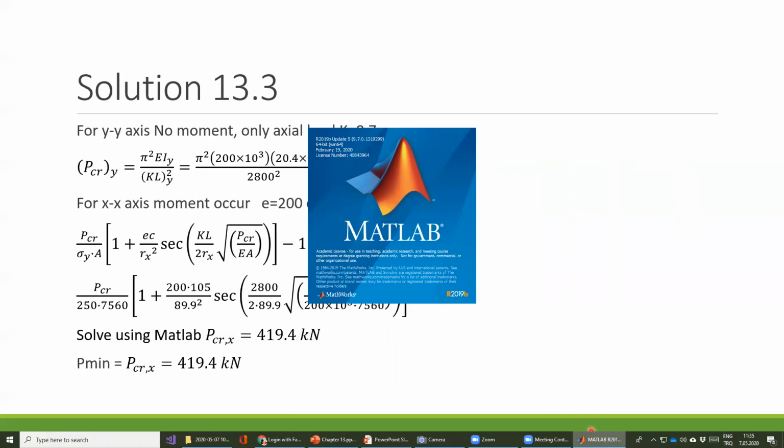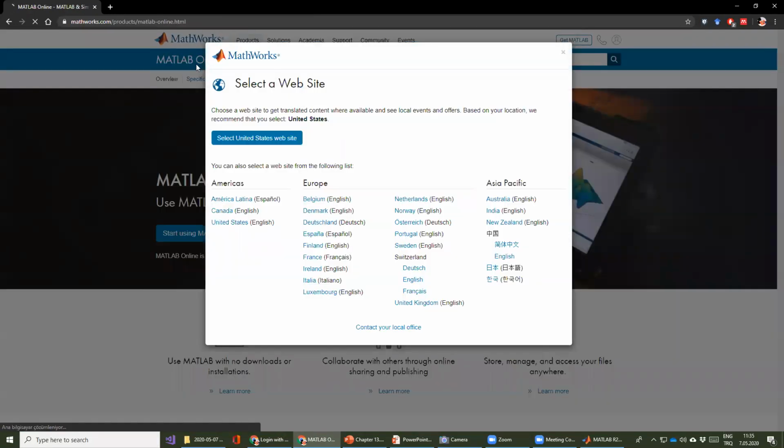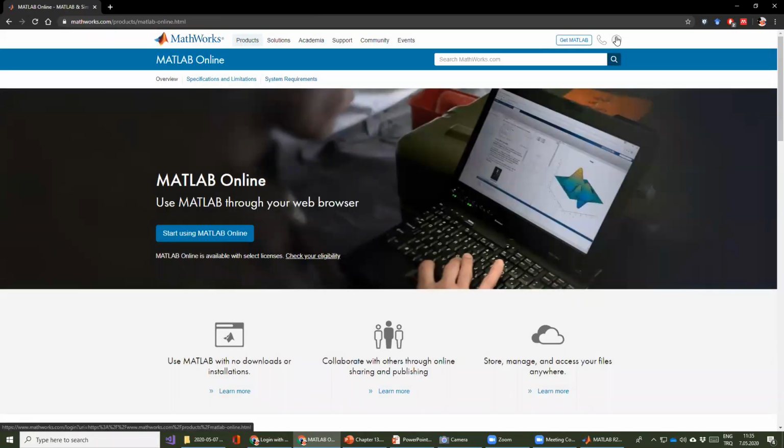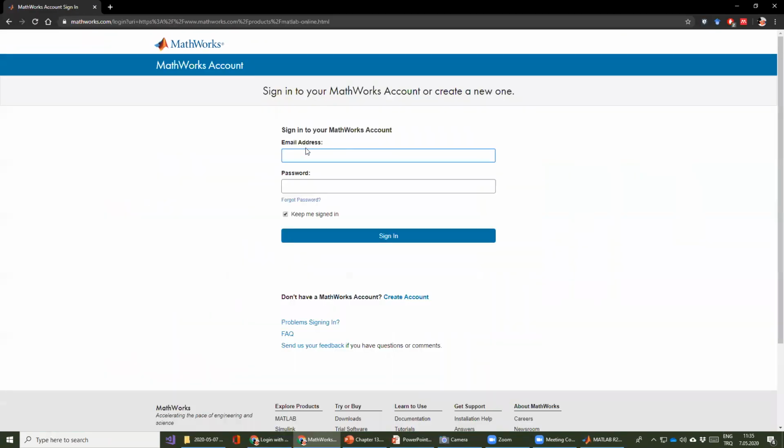But there's also a free online version available. I want to write the address, MATLAB online, like this. Write MATLAB online, and you can generate a free account. For example, I want to use my university address, but you can use a personal address here.